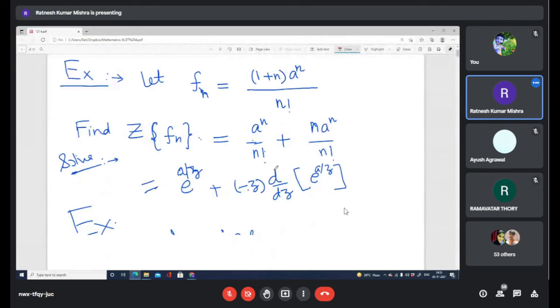So now this is q by q minus p times the sequence q power n, and minus p by q minus p times p power n.